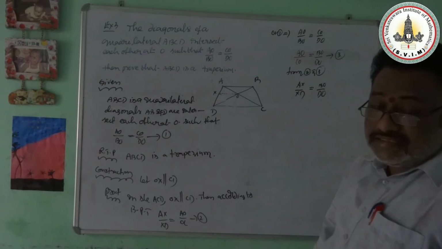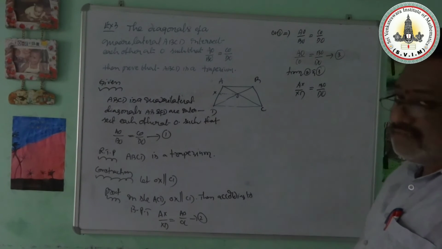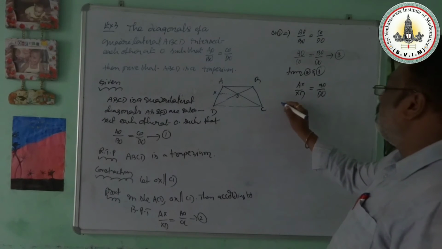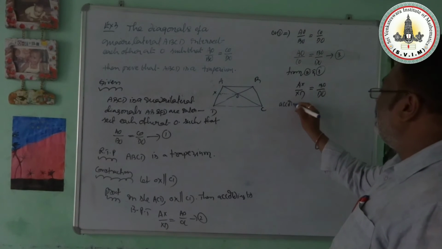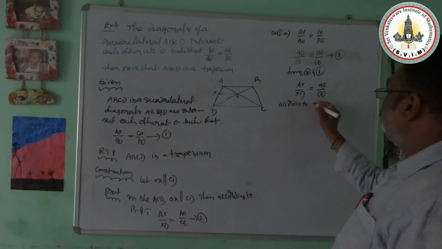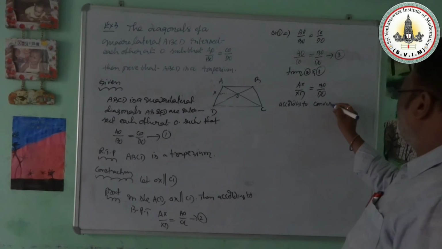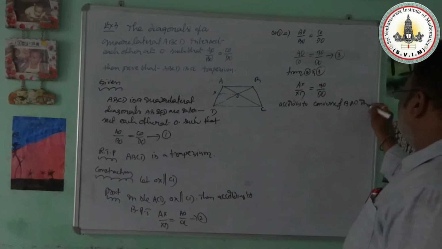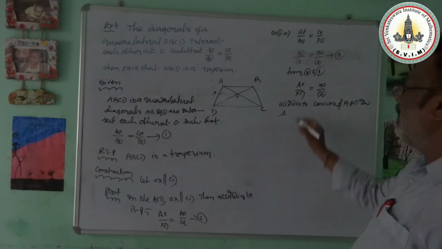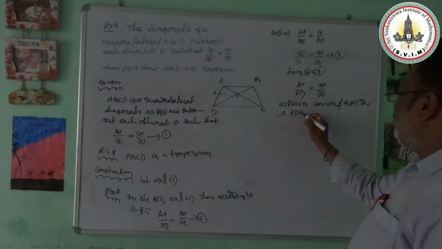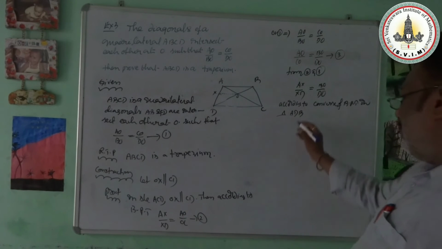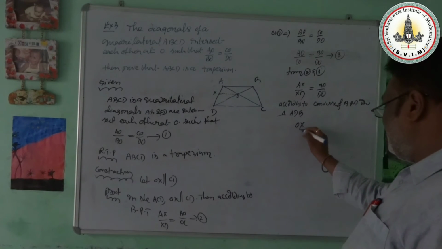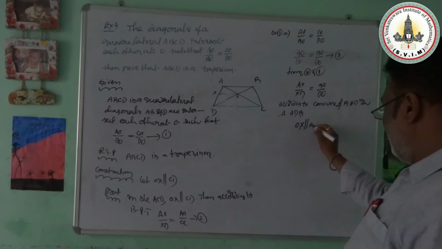According to which concept? The converse of the basic proportionality theorem. So simply you can write: according to the converse of BPT in triangle ADB, OX is parallel to AB.